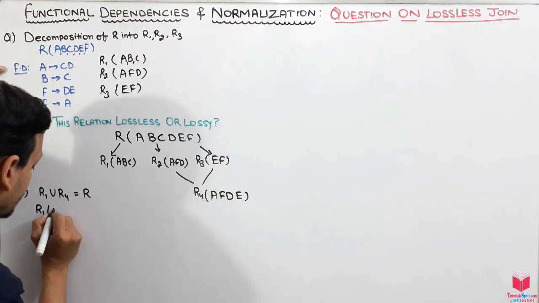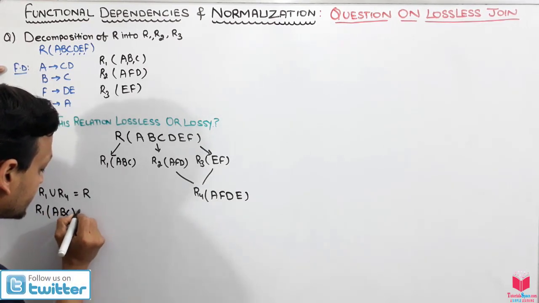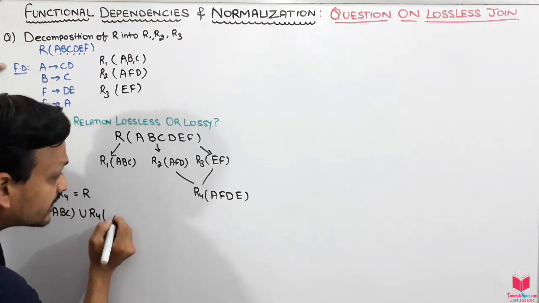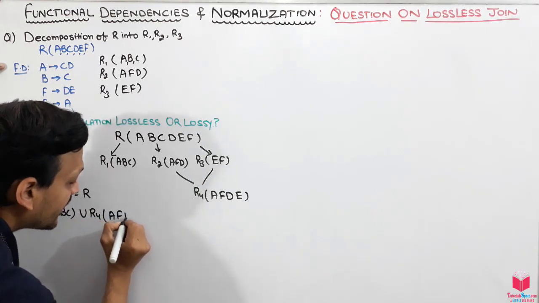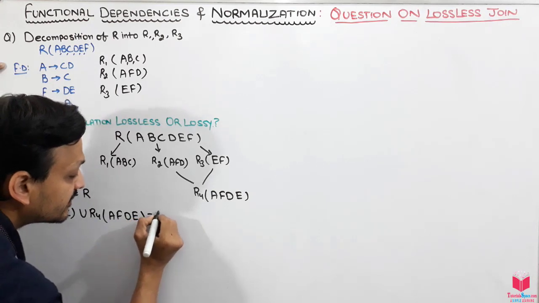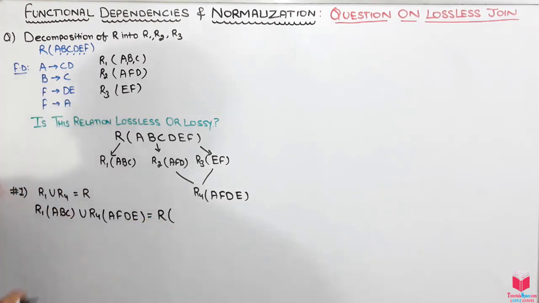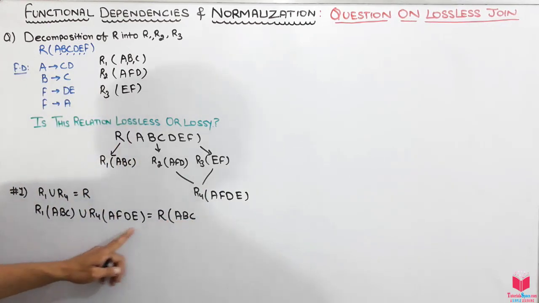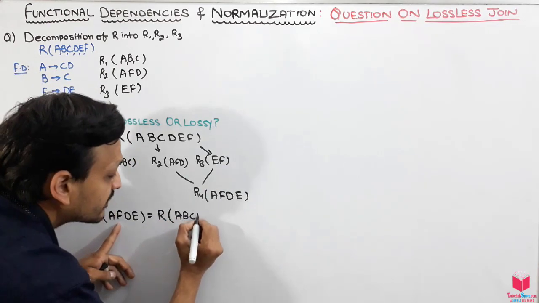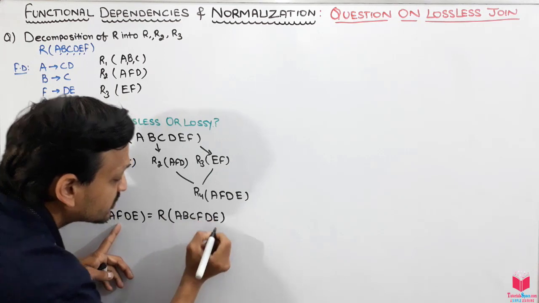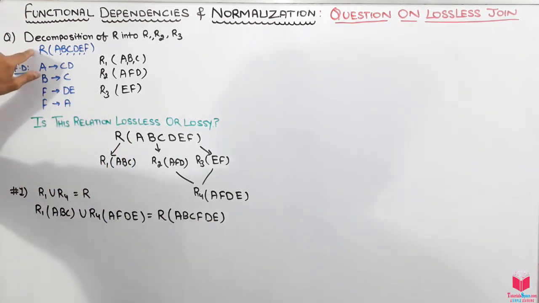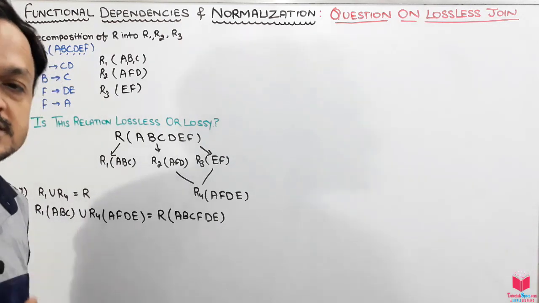R1 contains A, B, C. Let's take its union with R4, that is A, F, D, E. We take A, B, C, then A is already here, F is not there, D is not there, E is not there. So A, B, C, D, E, F, that is the original relation. So we say yes, it passed the first condition.